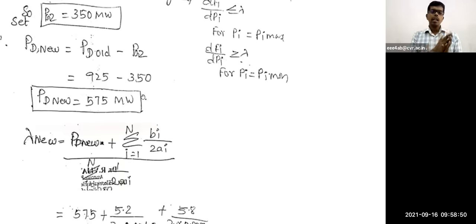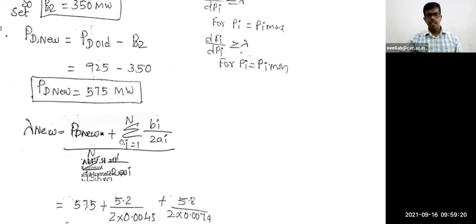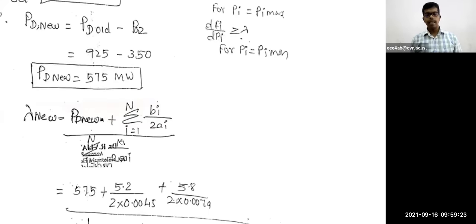Now the next step is to find the lambda new value. What is the formula for lambda new? It is the same formula, but instead of PD, you need to take PD new. Why? Because we calculated a new value for the new demand. Sometimes if you take the old PD, the answer will come wrong, and it will not satisfy the demand and the minimum and maximum operating limits.